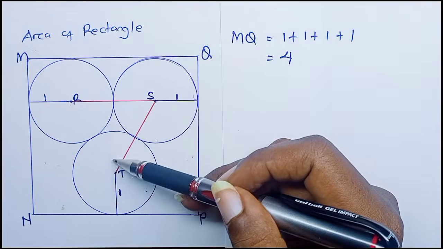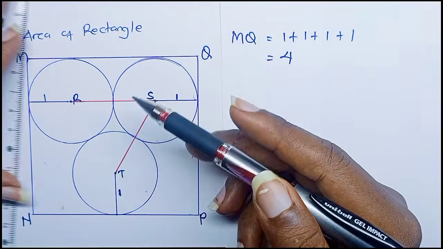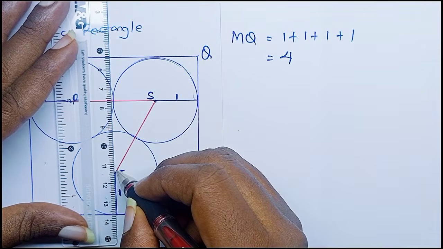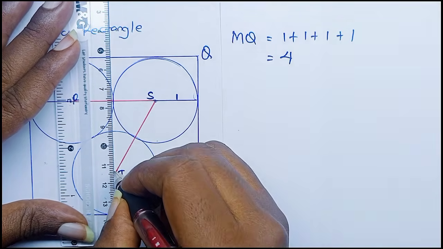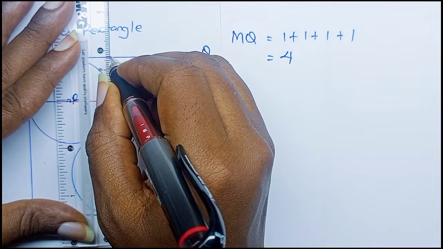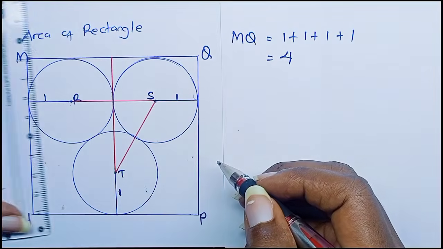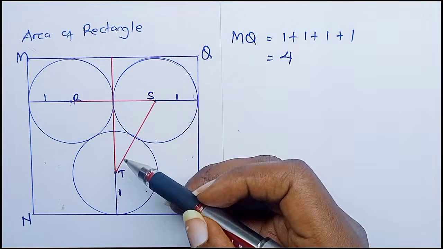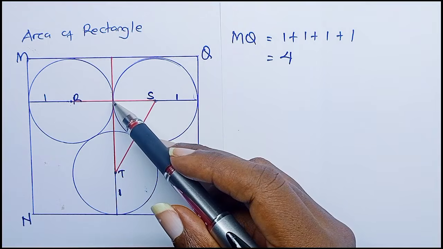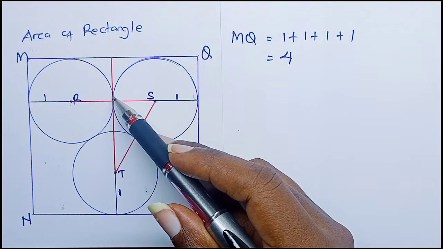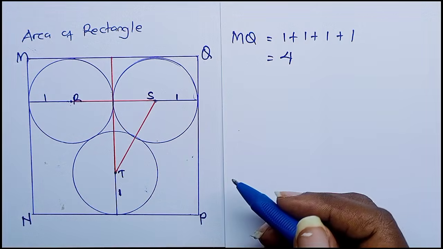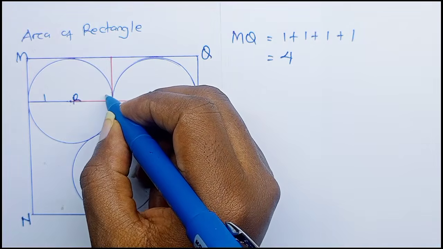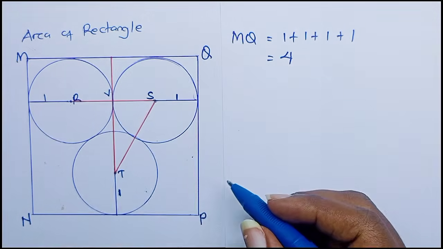So let me draw a perpendicular line from point T, just like that. As you can see, this line passes through the point of tangency of these two circles. Now let me call this point V.